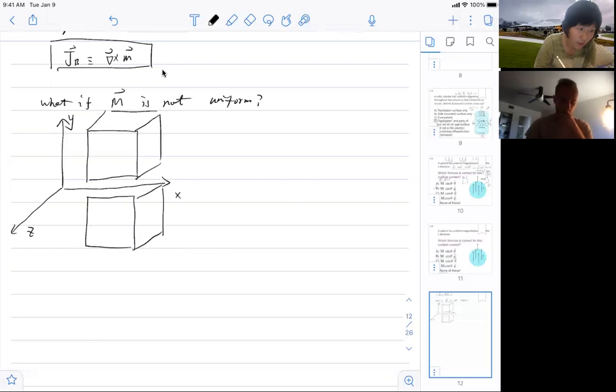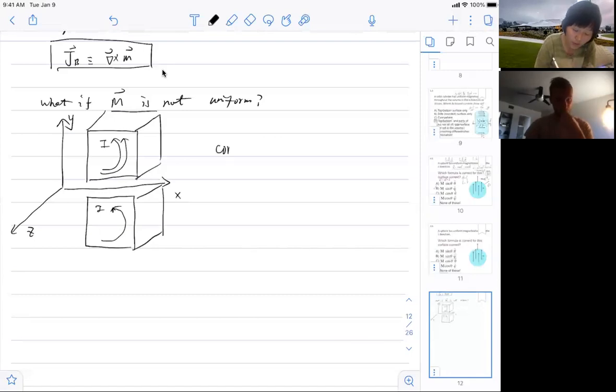And we're looking at a magnetization in this direction. But it's not uniform, right? So let's say going upward, the current is stronger. Show it like this.